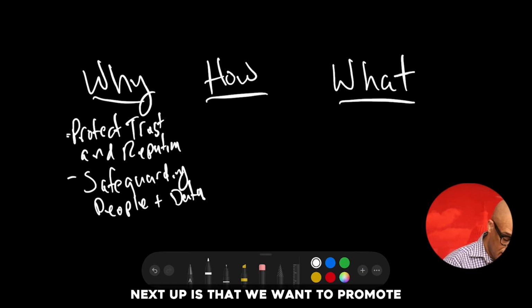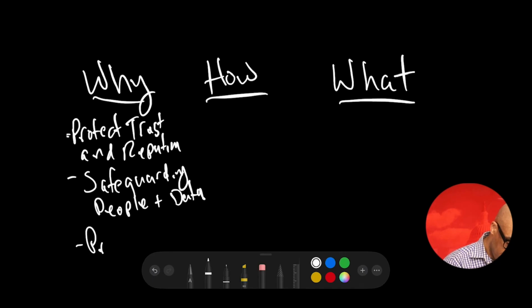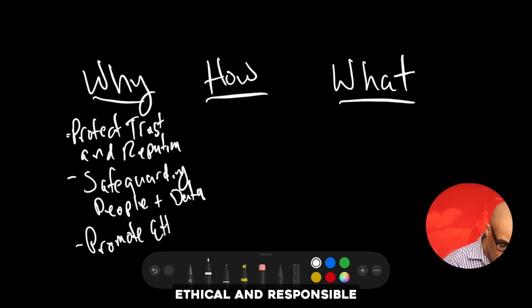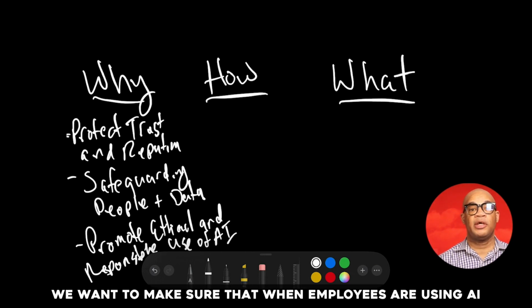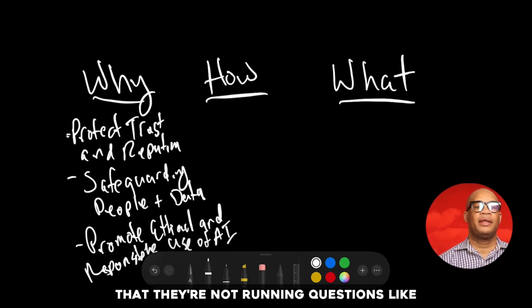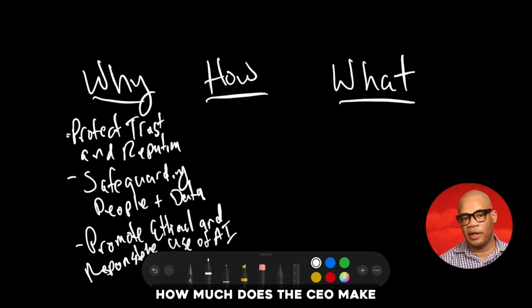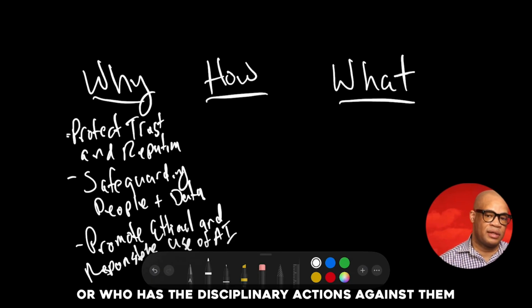Next up is that we want to promote ethical and responsible use of AI. So again, we want to make sure that when employees are using AI, that they're not running questions like how much does the CEO make, or who has the disciplinary actions against them. Things like that.